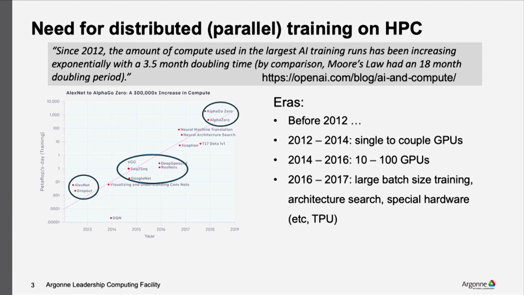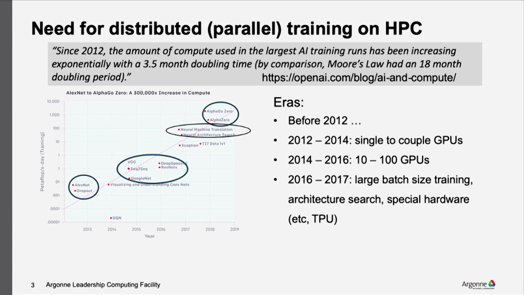That means that as the whole field of AI evolves, we are dealing with more and more complex neural nets. And on the hardware side, people started to use more and more computing resources for AI. Before 2012, people just did it on their laptops, and then they started to use a single GPU or a couple of GPUs on a workstation, and then tens or hundreds of GPUs, and starting from 2016 there was a big push of deep learning onto high performance supercomputers.